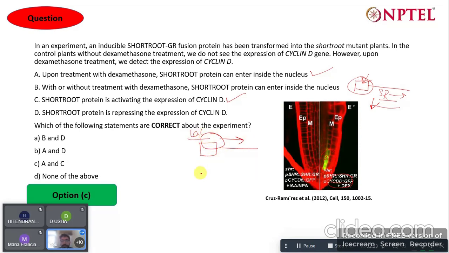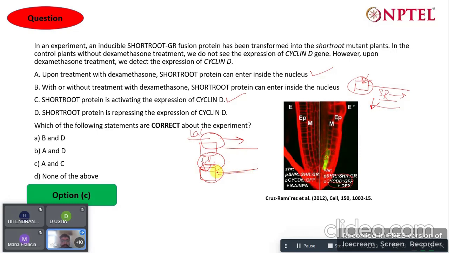Here what we are doing is placing a promoter that acts only when glucocorticoid is present. When glucocorticoid is present in the system, only then this promoter will be active. It is not playing any metabolic or physiological role in the plant system. It is just the inducer of the gene that is being used in the system under study.